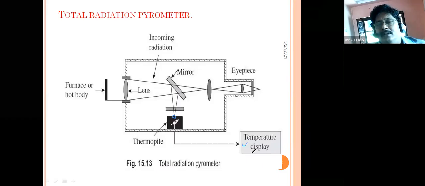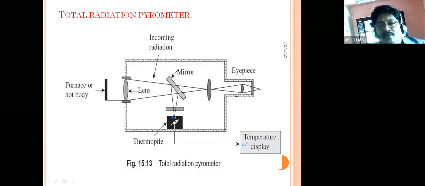Yes, maybe that is also. No, actually maybe that will not be arranged. We have to focus at some particular distance. Mainly this eyepiece, if you arrange it, ensures that whatever radiation comes will focus on the lens, that is the main objective.